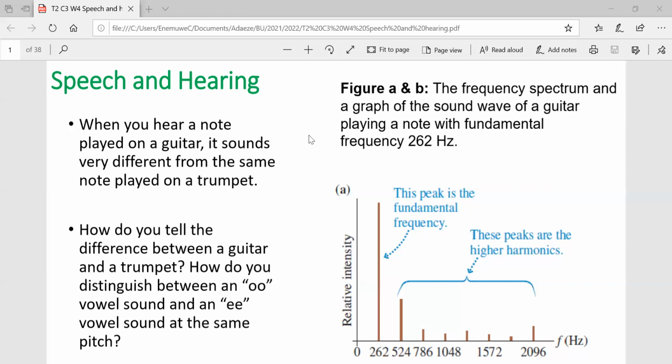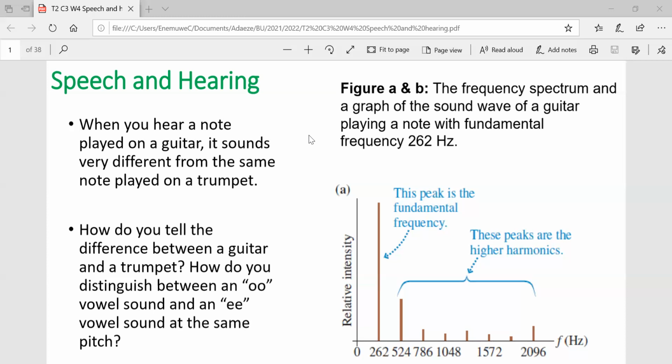So we'll be looking at the details of how you're able to tell the difference between the key played on different instruments, even if they are the same, and how you can distinguish between the vowel sounds, and how these sounds that you make come to you and your brain is able to interpret them and say they are different. Well, that is basically the summary of what we'll be looking at under speech and hearing.